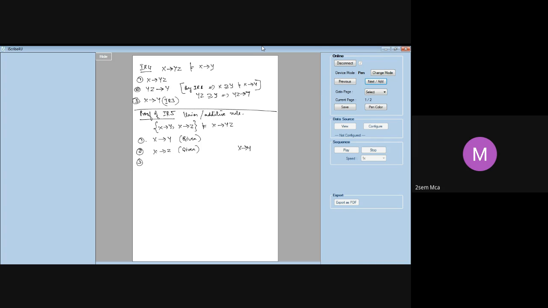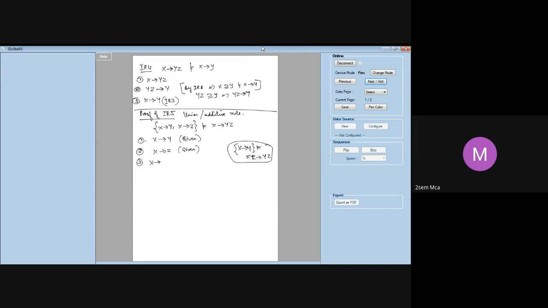So x determines y. If that is there, then I can always infer XZ determines YZ. Means I'm adding something on both the sides. Correct? That is what is our IR2. Can we apply something here? If I apply IR2, what we can get?